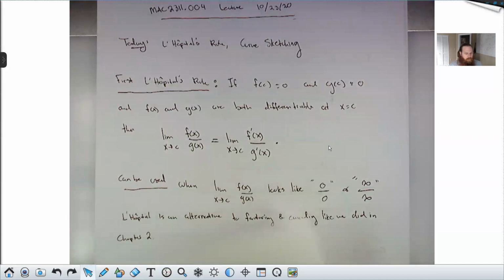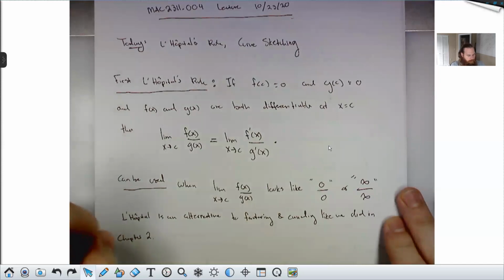A quick note, this doesn't just work for things that look like 0 over 0, it also works for things that look like infinity over infinity. But it has to be a fraction and it has to be an indeterminate form. So real quick, maybe a review on indeterminate forms.